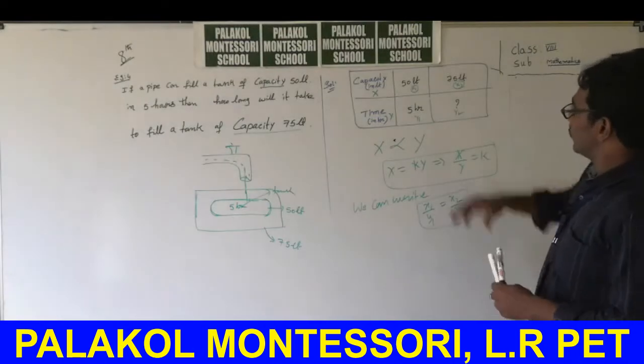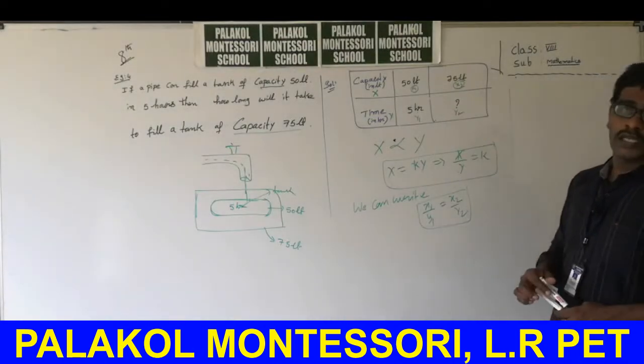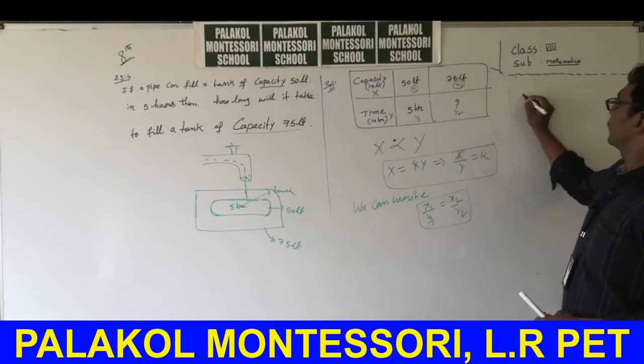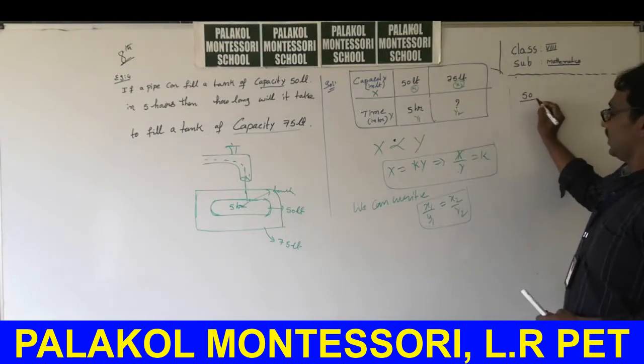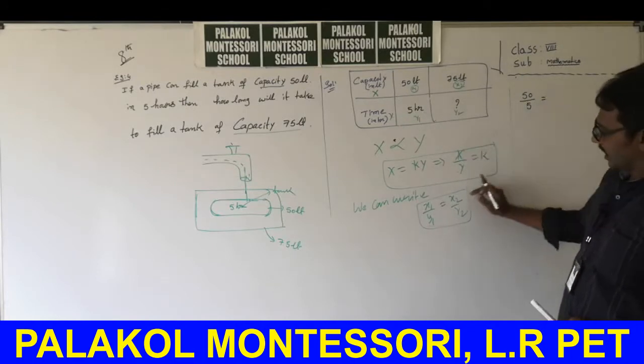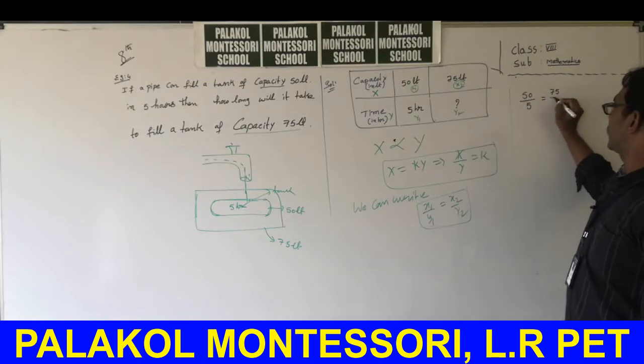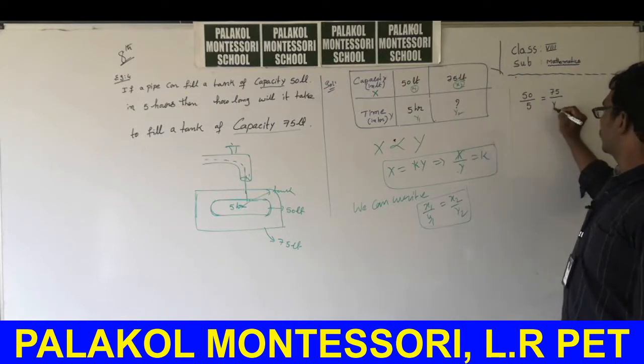So substitute all these values in this formula. x1 value is 50, 50 by y1 value 5, equal to x2 value 75 by y2, the unknown value.